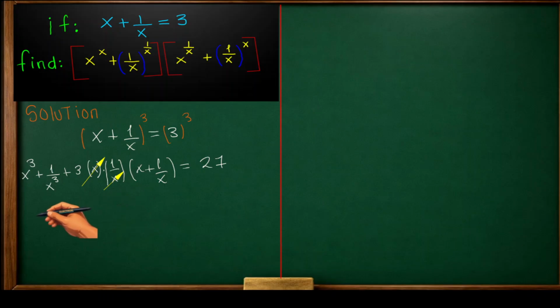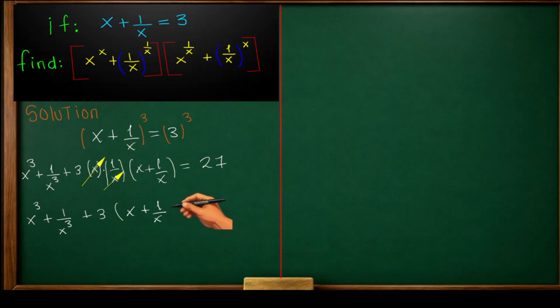Then x cubed plus 1 over x cubed plus 3 times x plus 1 over x equals 27.